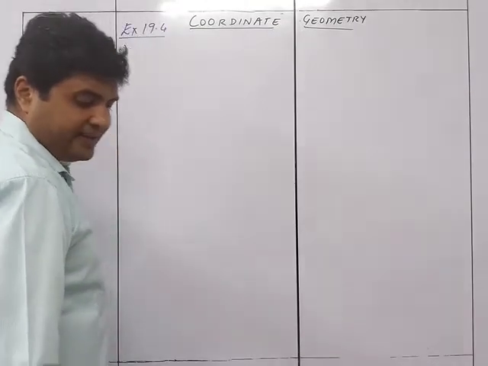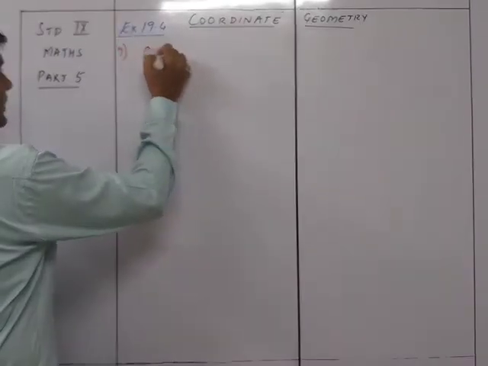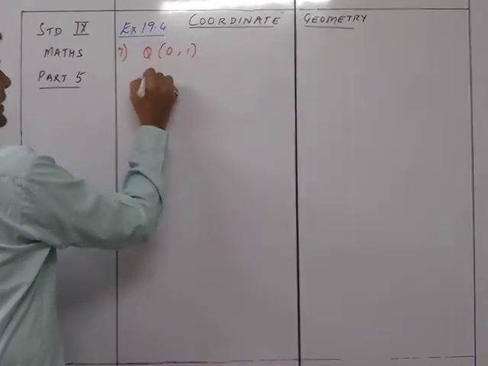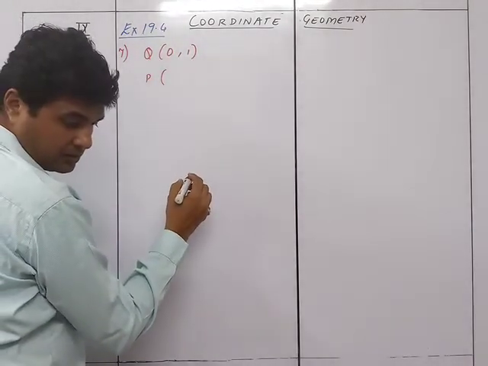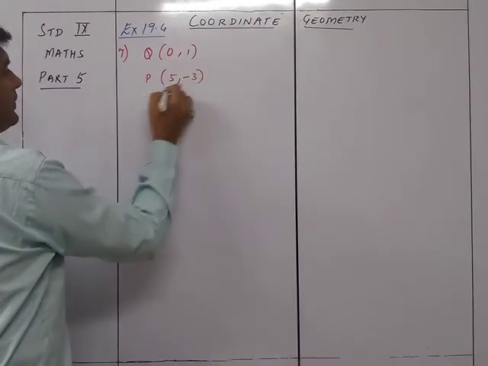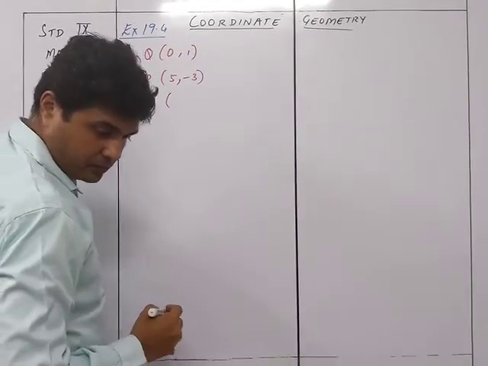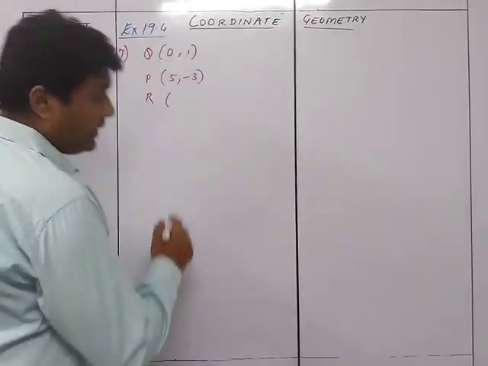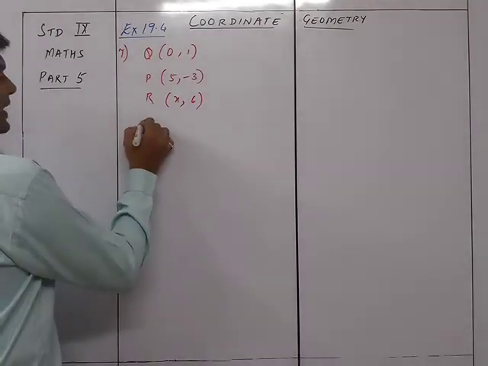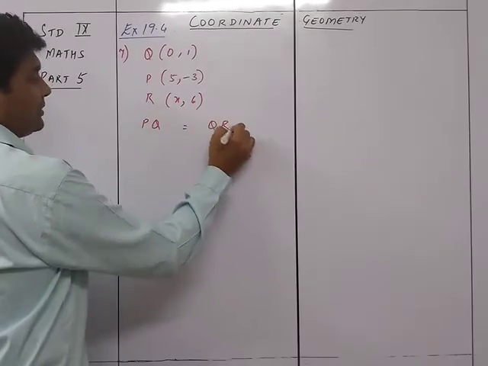If Q is equidistant from P and R, again the same thing. Q is (0, 1). P is (5, -3). And R is (x, 6). It is given that PQ is equal to QR.